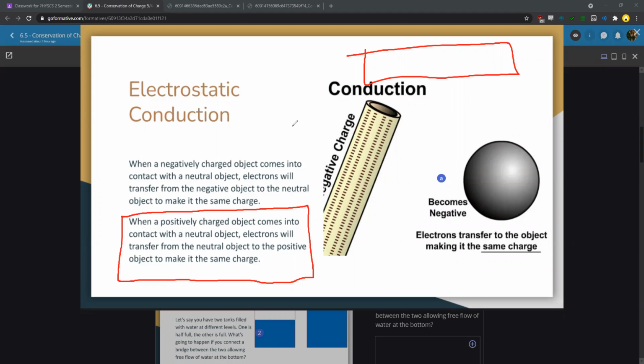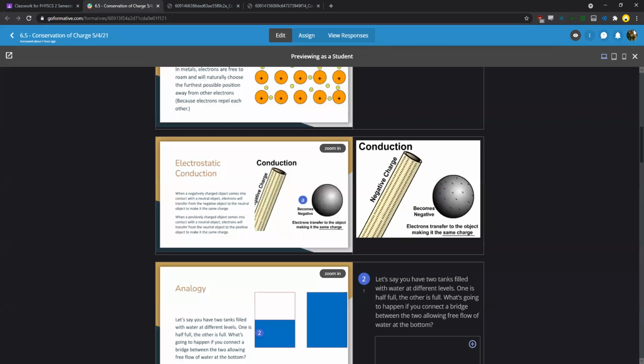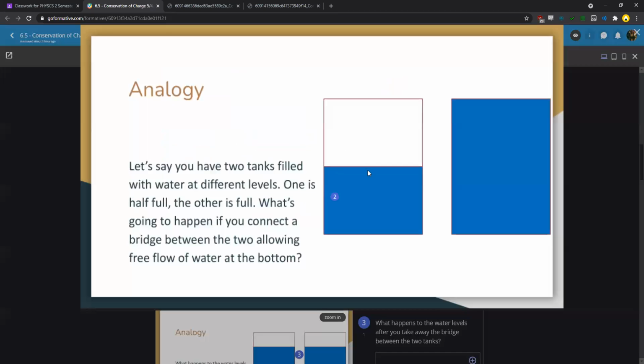And I will give you an analogy to this. I will give you a very good analogy. It's been used multiple times by other people. That's why I think it's good. To make an analogy to that, let's say we have two tanks of water.